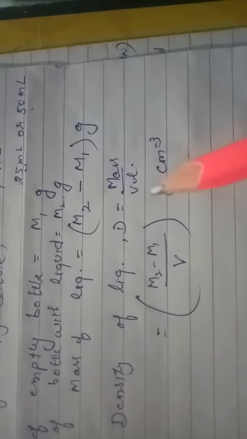This will be the volume of that particular liquid of which we are going to measure the density. So with this formula, this is a very simple method, we can determine the density of the liquid with the help of the density bottle.